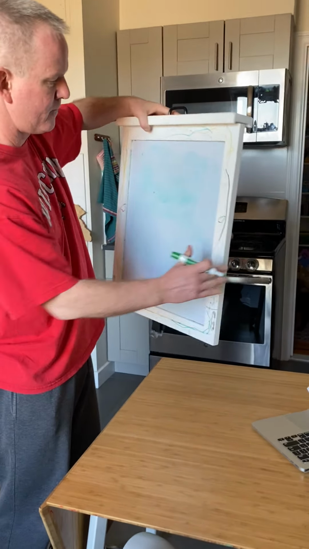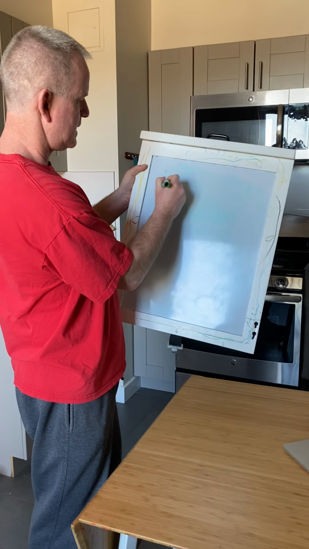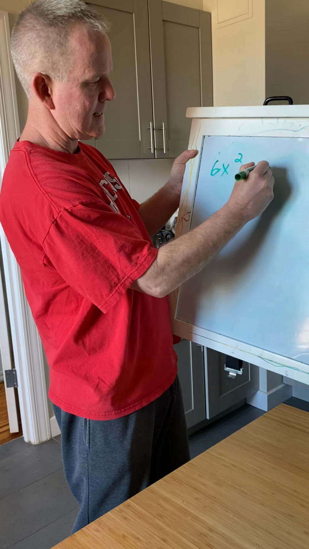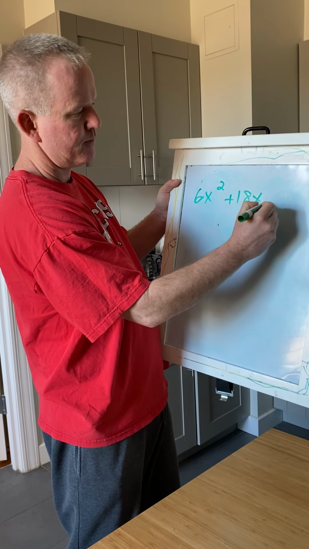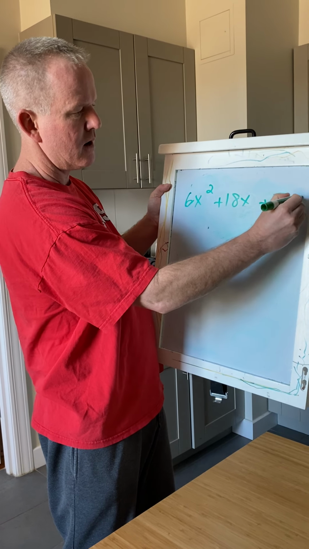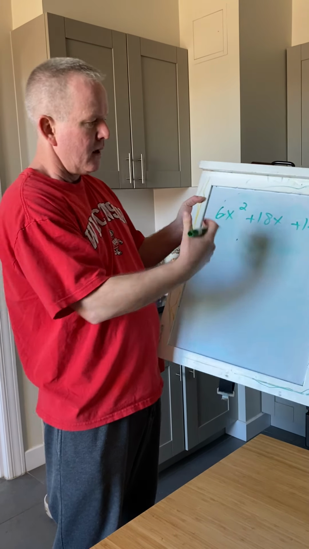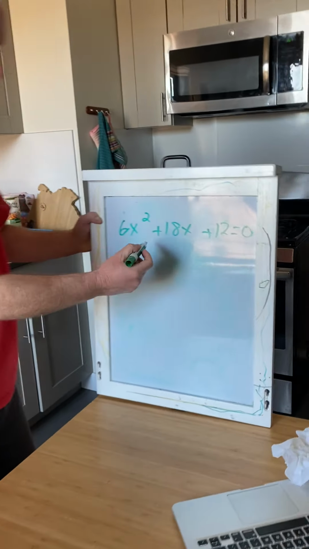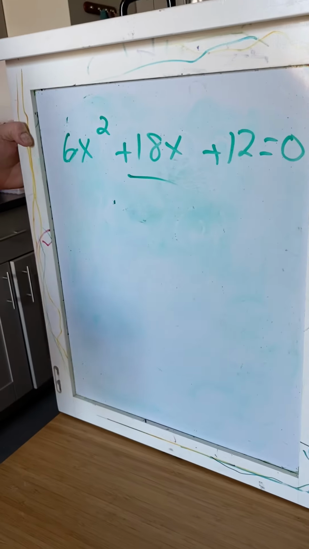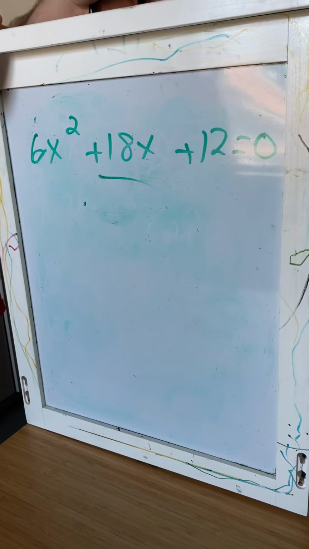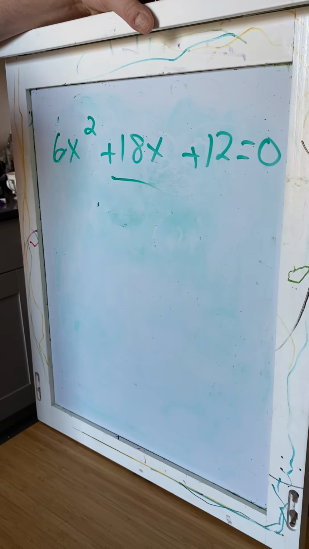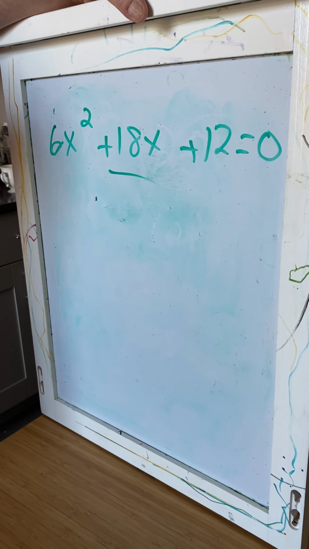GCF, 6x squared plus 18x plus 12. Okay, good. So this isn't a difference of perfect squares because we have a linear term. In the past example, the linear term was 0, so that was an indication of a difference of perfect squares.